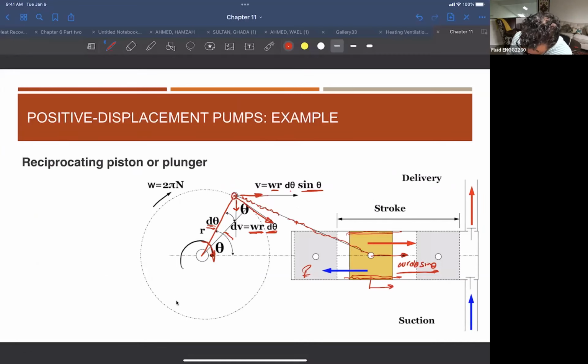What will be the volume displaced here? Can you tell me? For example, here, if this piston has a diameter D, the stroke is L. Okay. And imagine this is rotating at N, this is RPM. What is the displaced volume here?